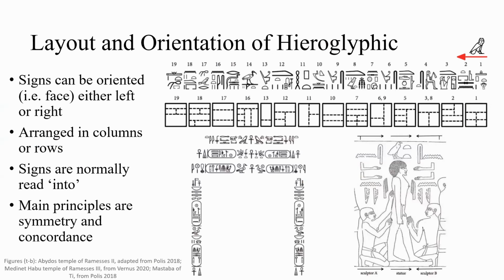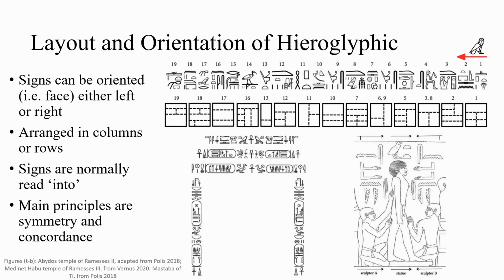So briefly, on the layout and the orientation of hieroglyphic. In this talk and some of my figures, I'm going to use this owl to indicate the orientation of the script. The orientation of Egyptian hieroglyphic could be either right or left. You can track the orientation by looking at the anthropomorphic figures like people and birds, mainly birds.